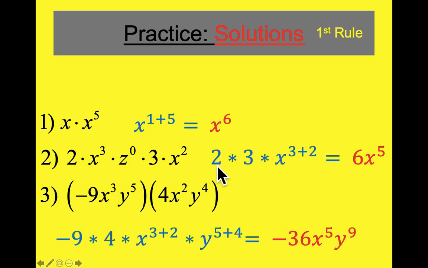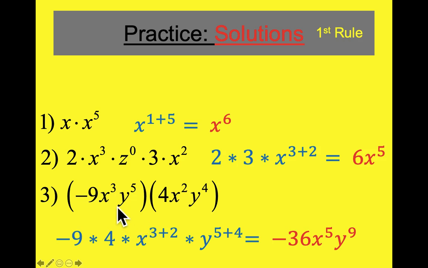So we gather the 2 times 3 together and multiply those. And then we have 2 occurrences of x values. So x to the 3rd and x to the 2nd. I'll add those together. Z to the 0, remember that's 1. We've been through that before. So that falls away. So this turns into 6 times x to the 5th.